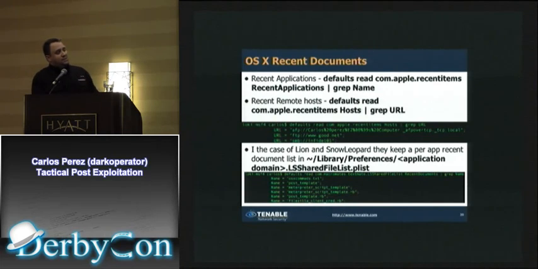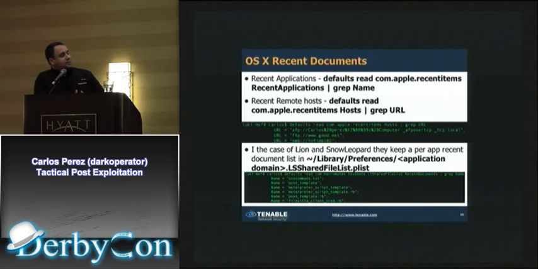Many people will say, oh, but that only gives me the last 10 recent documents. Well, Apple is so nice, and they want to help us. I was going to say screw their customers, but that's not the proper word. I'd say get the proper information to show value to our customer.